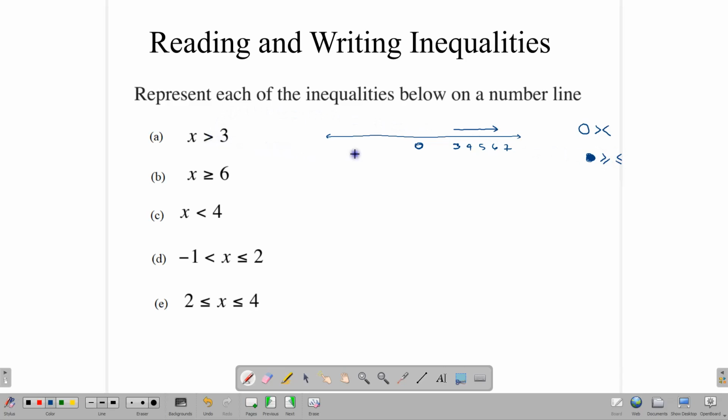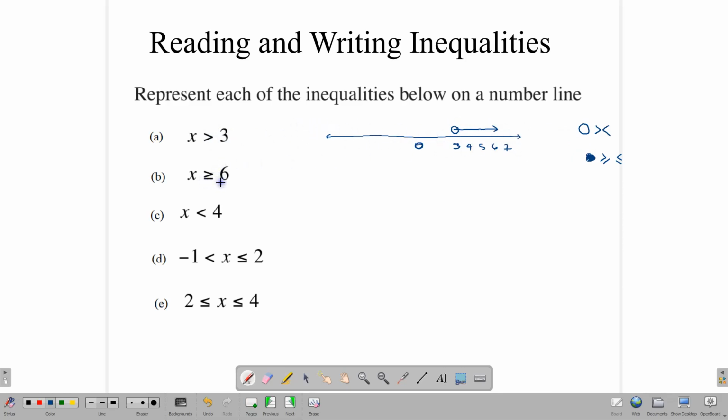So what we're going to use is an open circle right above the number that you're talking about, and use an arrow to indicate the direction in which the answers lie. So where x is greater than 3, we put the circle above 3. It's greater than or less than, one of those symbols. So we use the open circle and indicate with an arrow the direction of the answer. So this is how we would do this one.